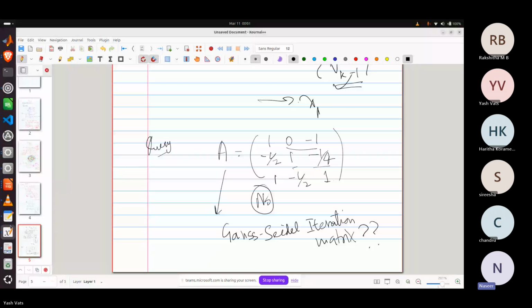Just find the Gauss-Seidel iteration matrix, that you know, right? After finding that matrix H, find the eigenvalues; rho of H, the maximum absolute eigenvalue of H, should be less than 1.